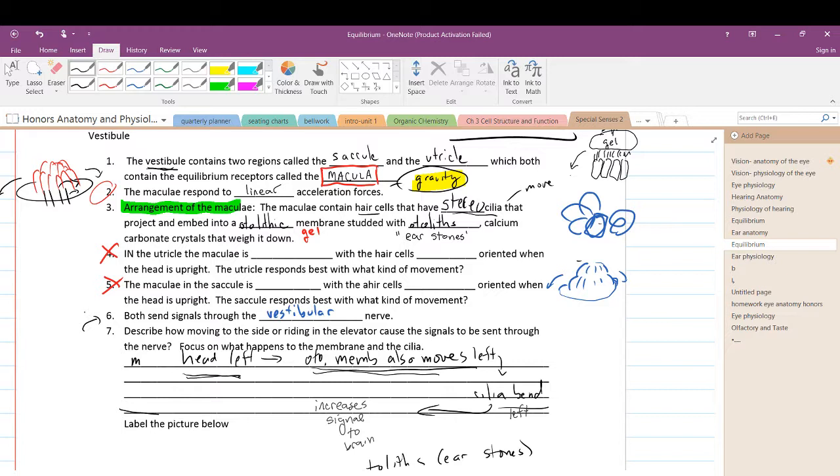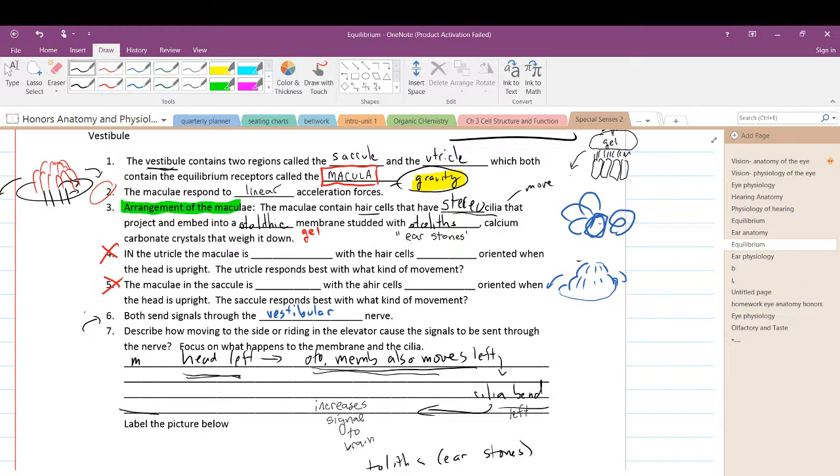When you are moving to the side, or if you're riding an elevator and you're going up and down, or just moving from left to right, or if you just tilt your head forward, when your head turns to the left, let's just say for the sake of argument, that membrane, that gel, also moves to the left.